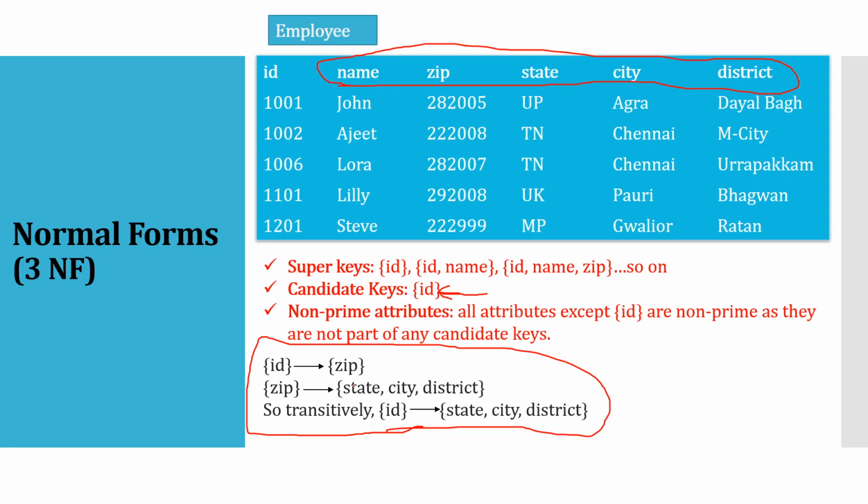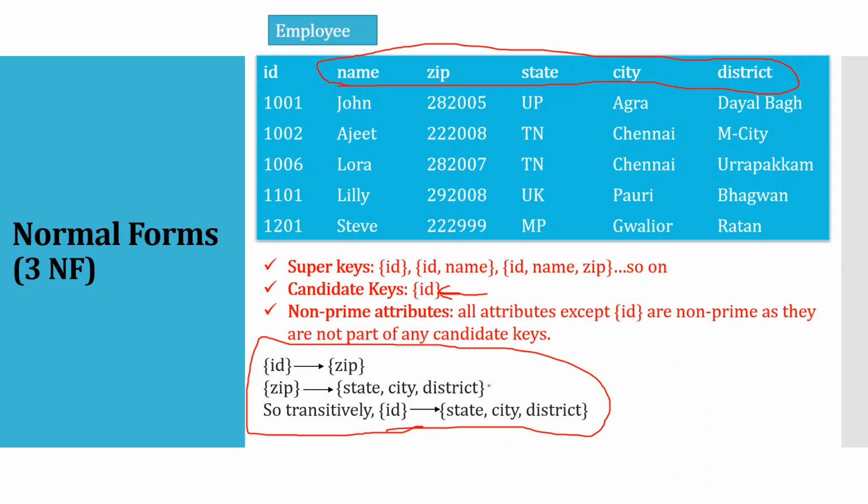But I have made sure that there is at least some candidate key or super key in the transitive dependency. So ID to zip, and from zip I can determine state, city and district. So using the transitivity rule, ID can determine state, city and district.